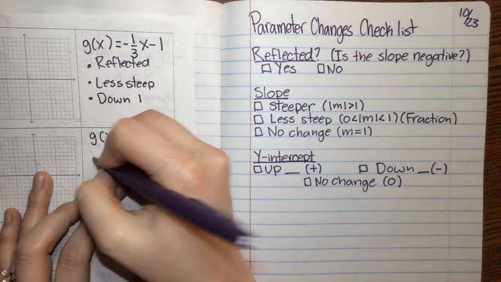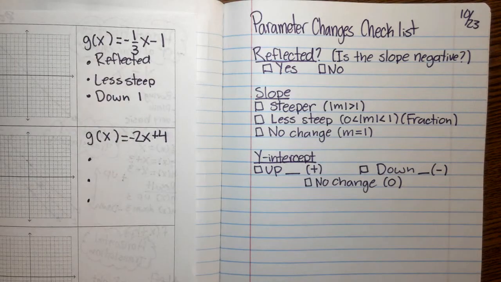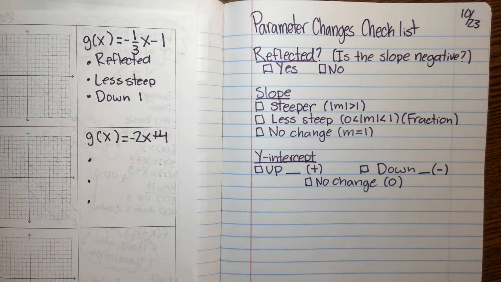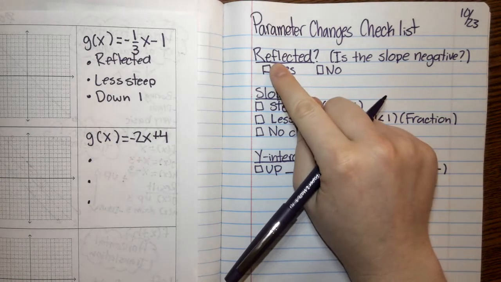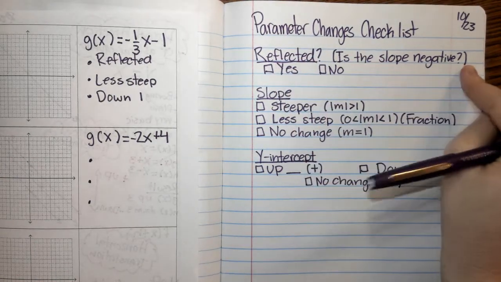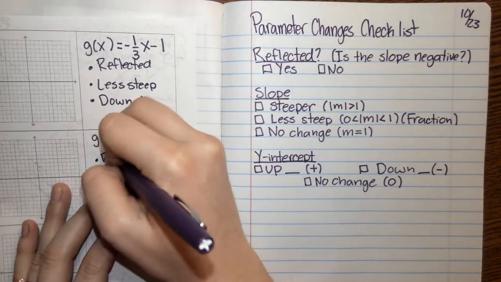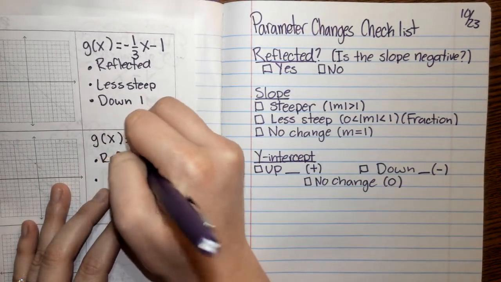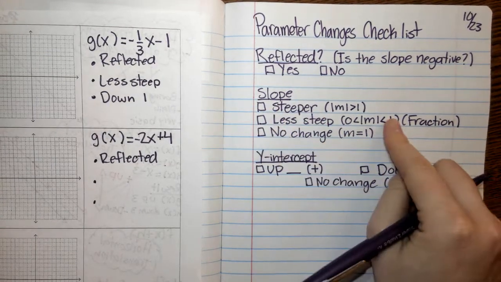Okay, so for this one, there's 3 things. Again, I'm going to go through my checklist because I do use the checklist every time. Is it being reflected? Is my slope negative? Yes, it is. Okay, my slope, is it a fraction?